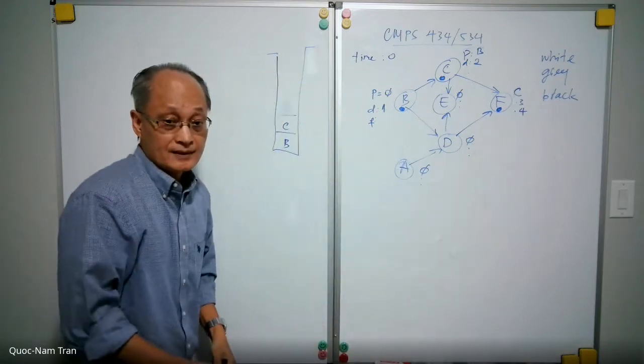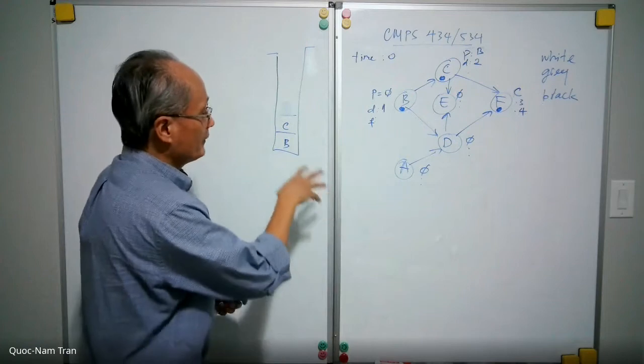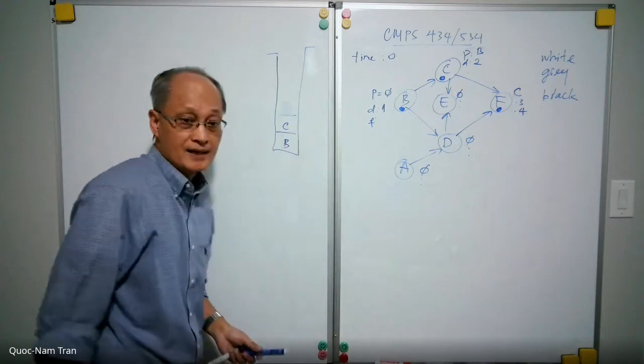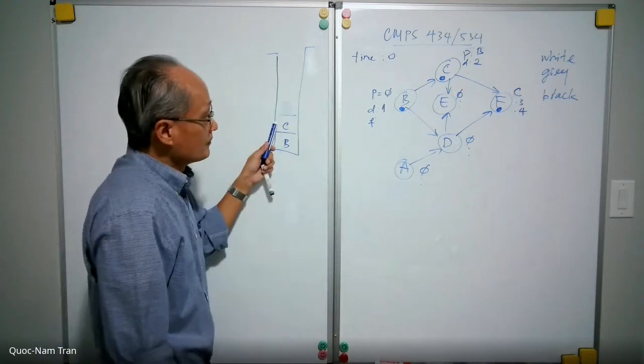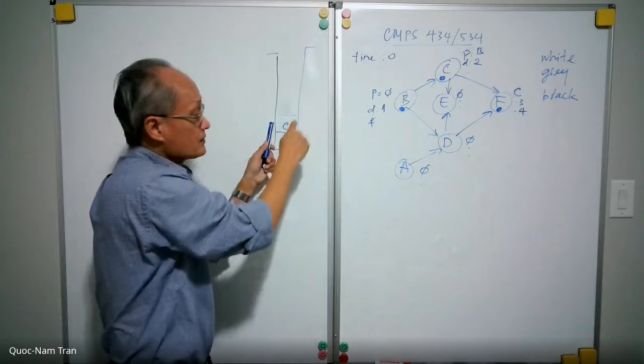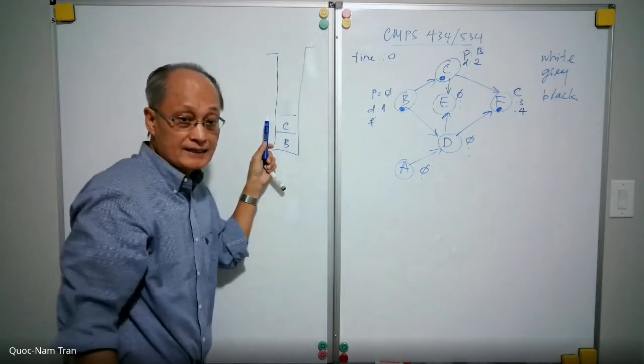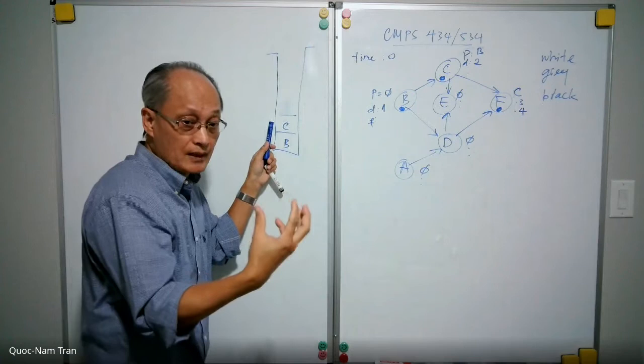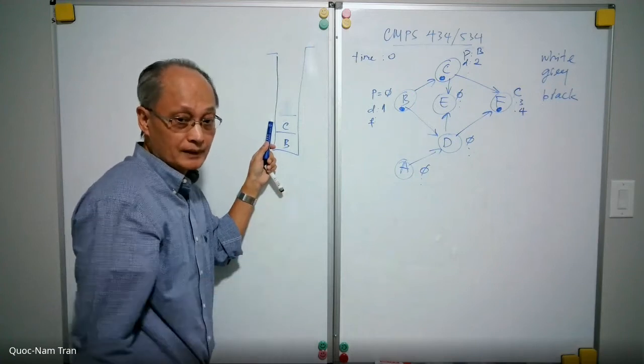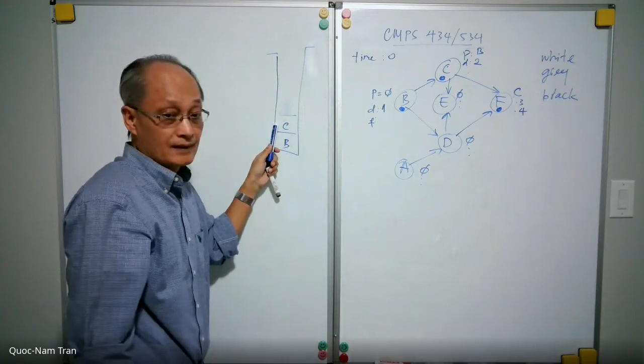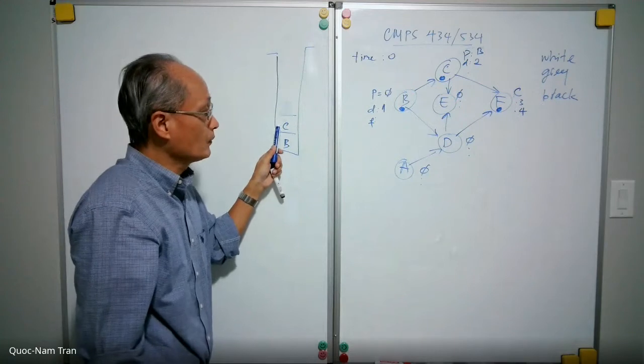Now, the next thing we will do is C. We pop F out, so the one on top of the stack is C, the node we have to deal with.